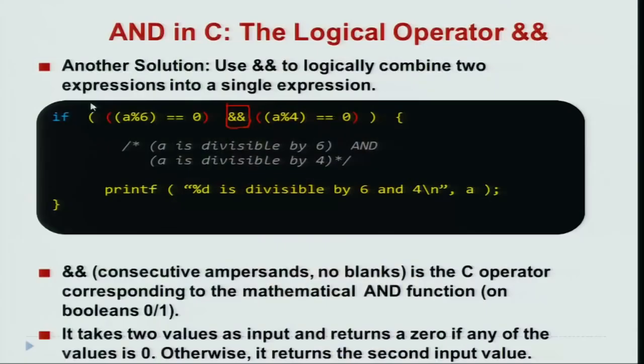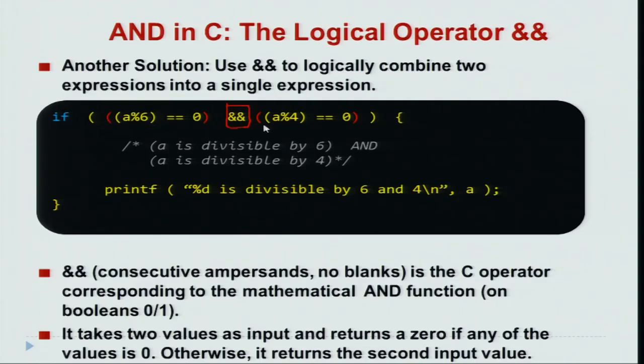Similarly, the Boolean operation AND, it is actually the AND symbol on the keyboard, but you have to have two of them. That represents the logical AND. So this expression says if a modulo 6 is 0, so this expression is what tests whether a is a multiple of 6, and this is the expression which tests whether a is a multiple of 4.